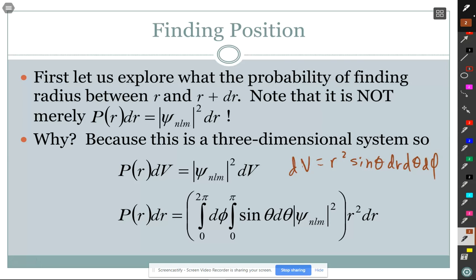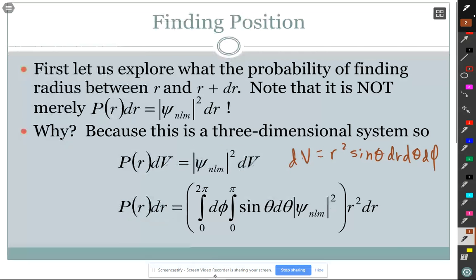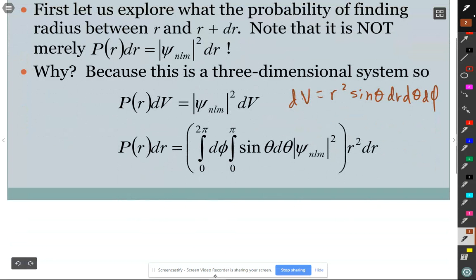And so if we want to find just the r portion, we have to integrate out the theta and phi parts. If you take the psi and integrate out the theta and phi parts, you've got this integral that you have to do, and then r squared dr.